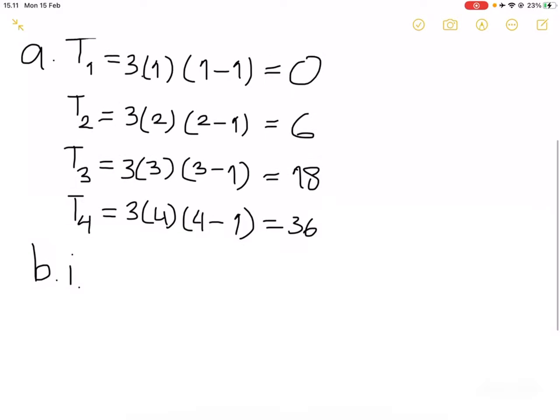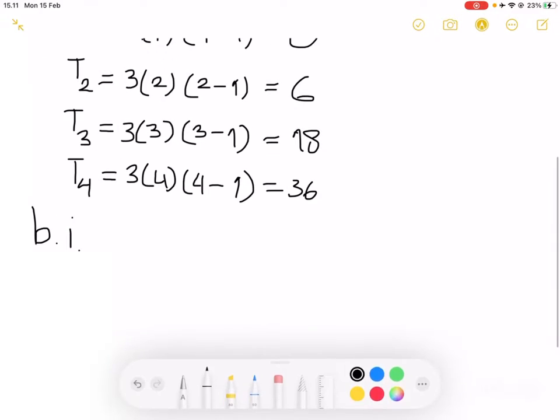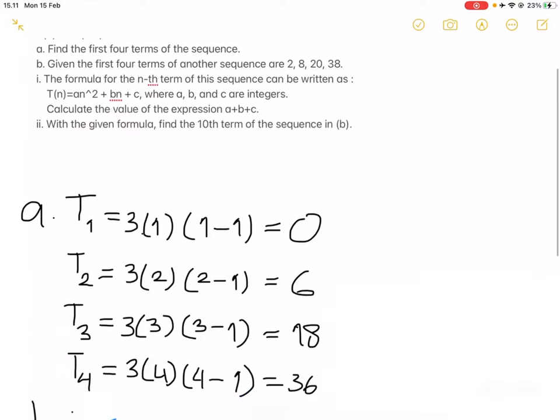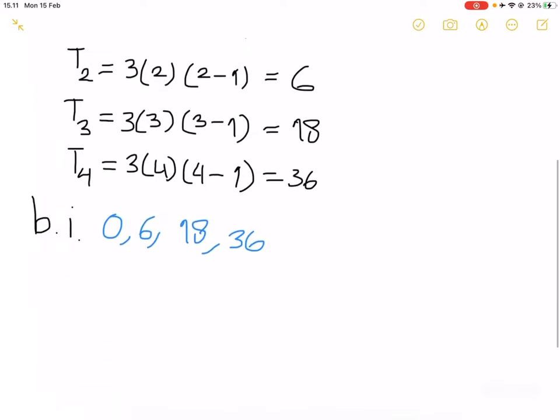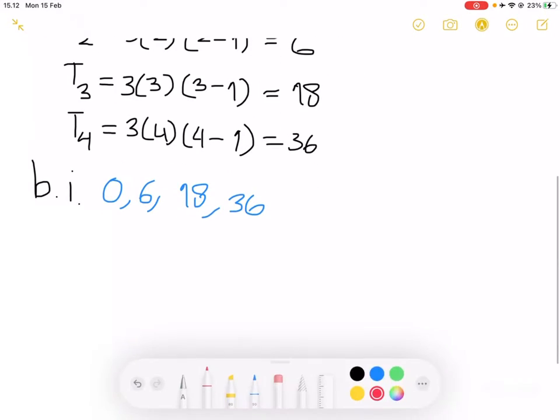So let's just compare the first 4 terms of the sequence given in A, and the sequence given in B, which the first 4 terms are given 2, 8, 20, and 38. And I'll let you guys try to find a relationship between each term in the sequences.